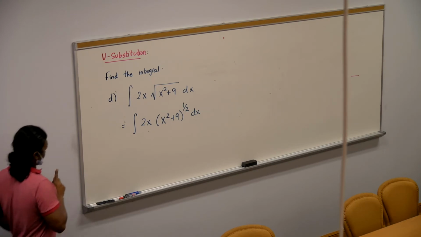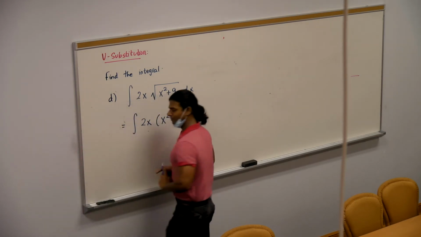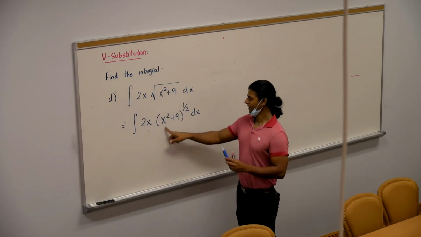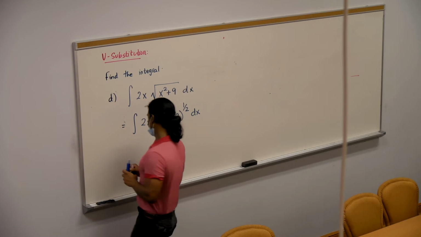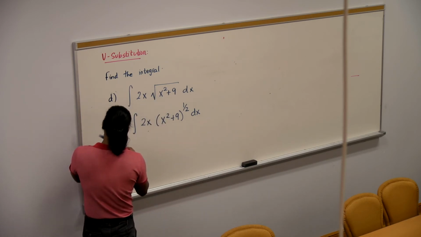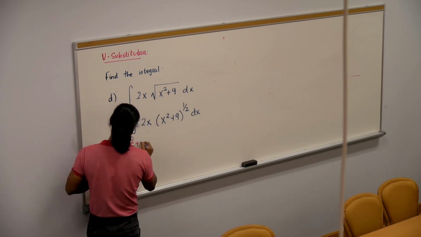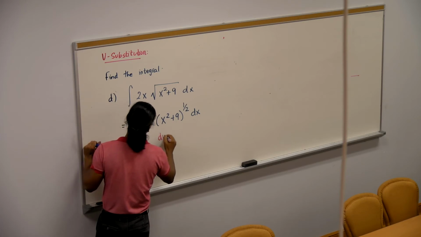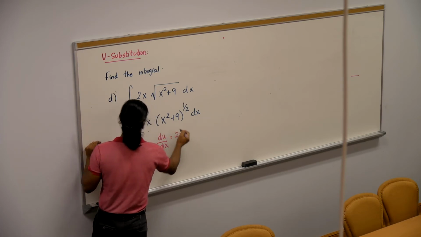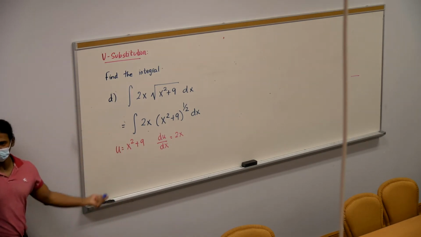What should U be? X squared plus 9. So if U is x squared plus 9, du over dx would be 2x. Yes.